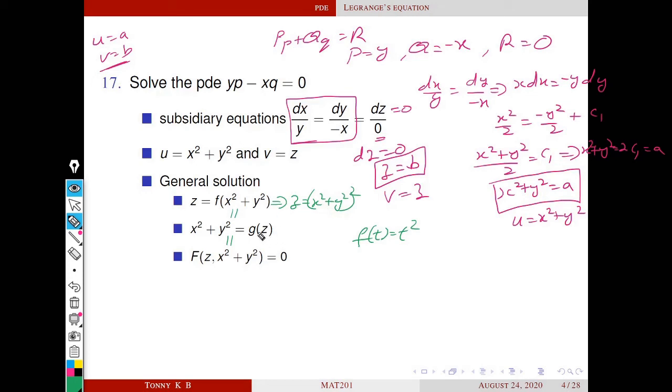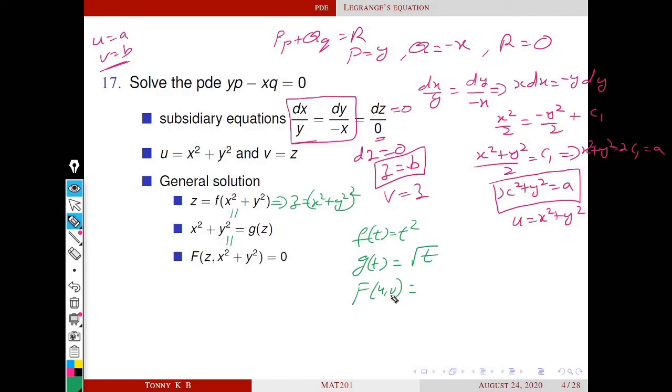Can you guess g and capital F to get the same solution? What is g of t and what is F of u, v? Yes, if you choose g of t as square root of t, then you get the same solution. Why? This becomes x square plus y square equal to square root of z. You simply square it, then you get z is equal to x square plus y square whole square.